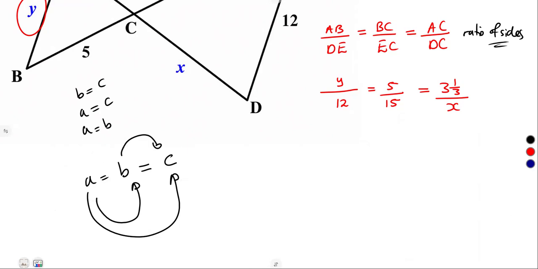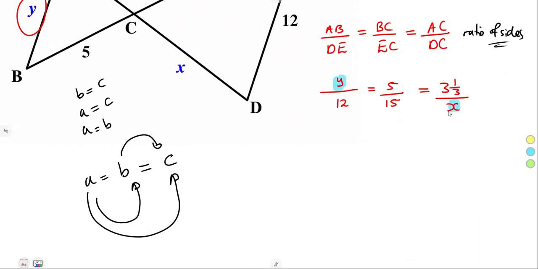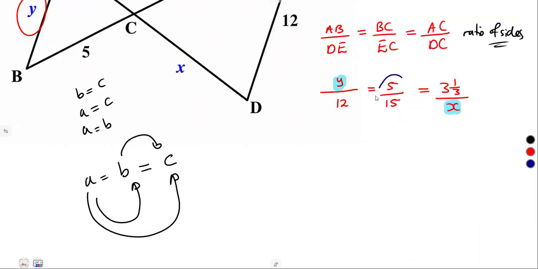So since you need to calculate the value of X and the value of Y that we have in our equation, you can see that the second part here, we do not have any unknown value. So we can equate the ratios with unknown to the one without an unknown value.